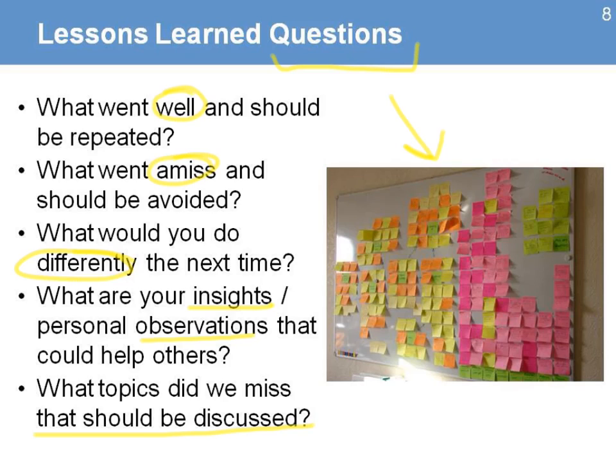By the end of the session, you will have a complete view of all the lessons of the project. That is also a way to visualize the answers so that people can look at what other people are writing. That could help avoid duplicate items. But also by reading some of those issues, people can remember something that happened in the past, and they can bring other ideas or suggestions.